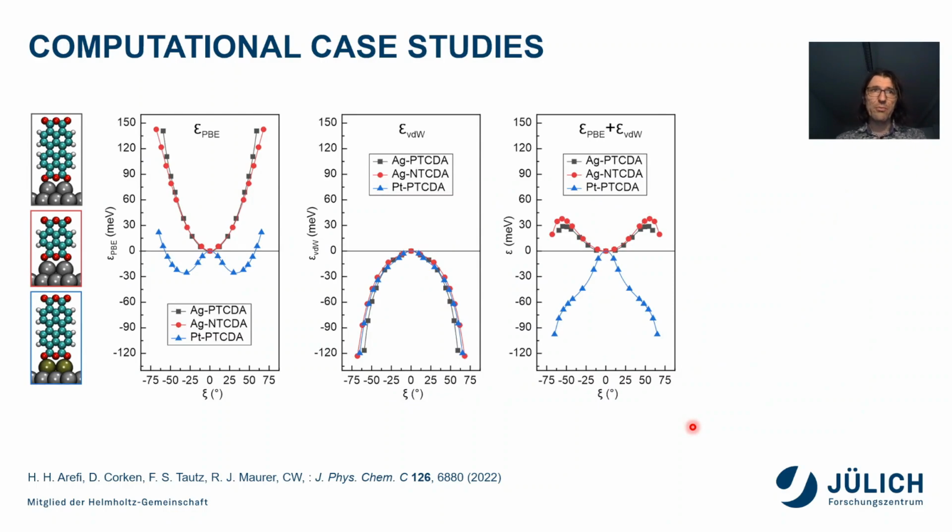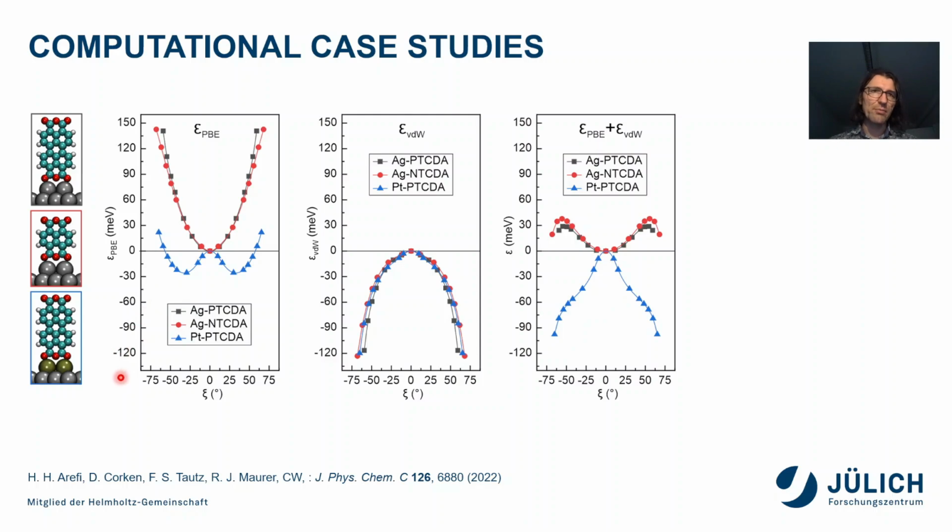And finally, we performed a computational case study to improve our understanding and basically validated these ideas. And first, we tried the smaller anti-CDA molecule and found that actually the destabilizing van der Waals potential is very similar to PTCDA, which is surprising at first glance, but it basically means that the upper part of PTCDA, which is kind of extra here, contributes only very little to the destabilizing van der Waals interactions because it's already too far away from the surface.